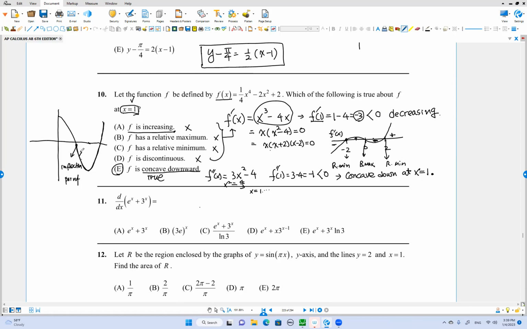Up to here, that is concave down. So x equal 1 over here is still concave down, right? The graph looks this way. So choice E is the answer, okay? Choice E is the answer.